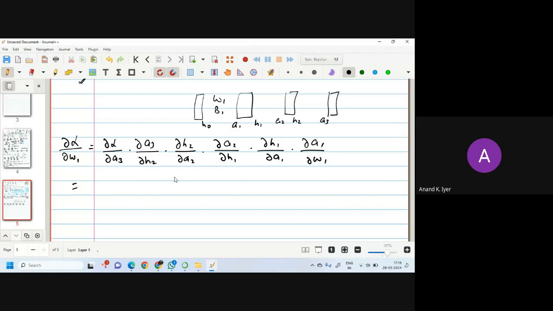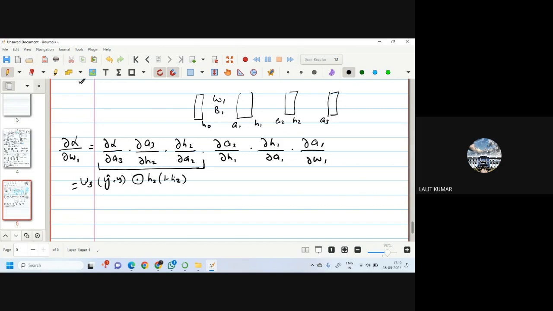Correct. So seeing this chain rule, this term which is there, we have already calculated. This was nothing but y hat minus y, and W3 had come here, H2 over K2.